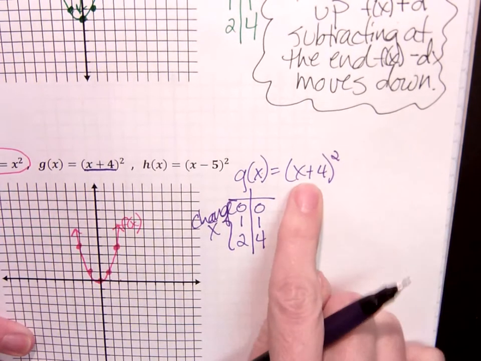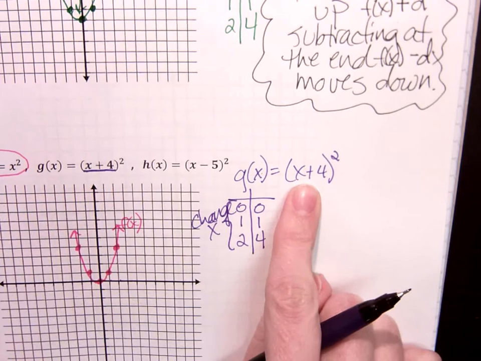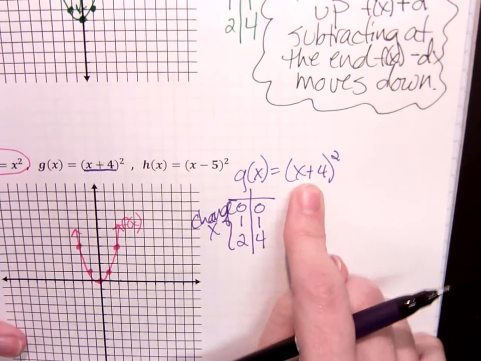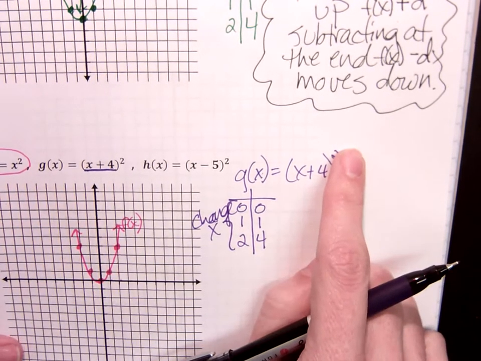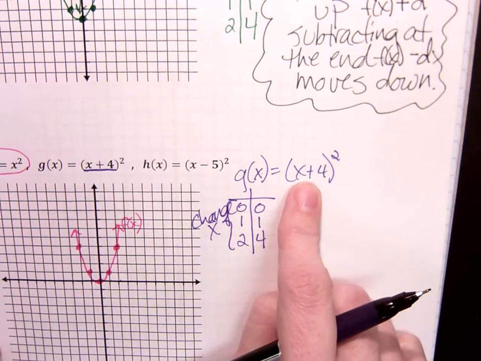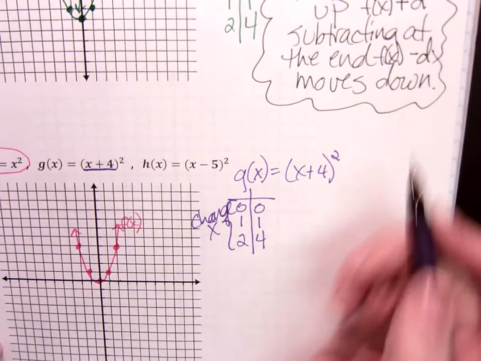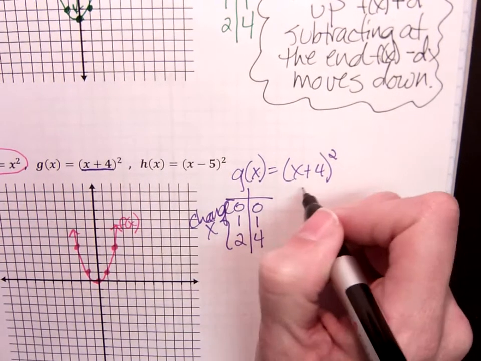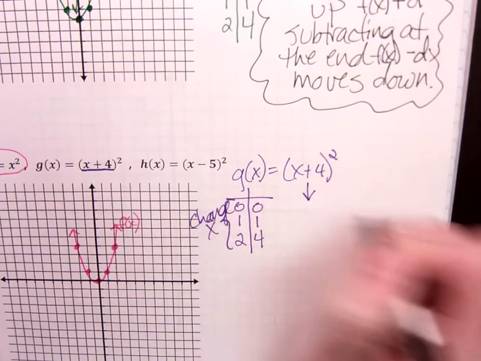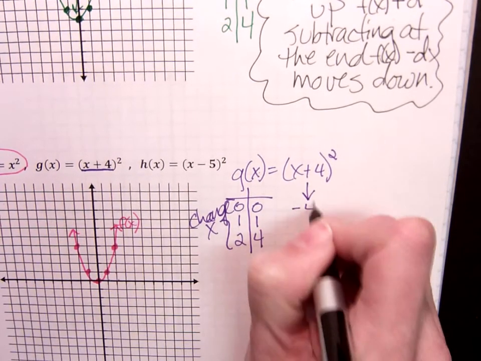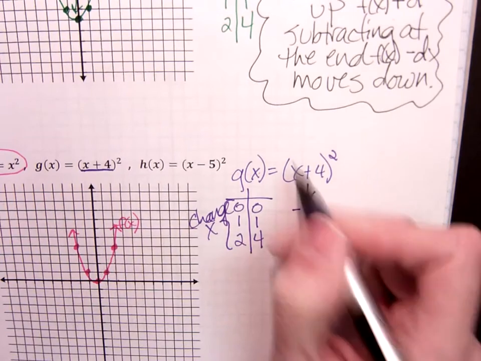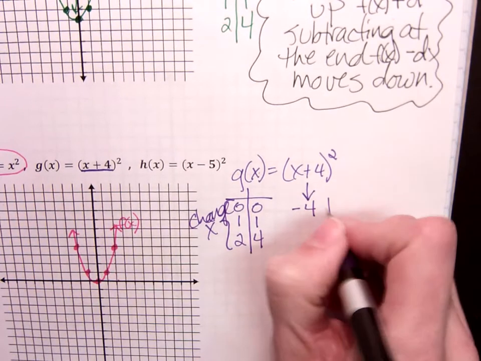So what this is telling us is that to get back to our original values, we have to add 4 before we square anything. So the way x is changing, I have to subtract 4 to know what my original x was.